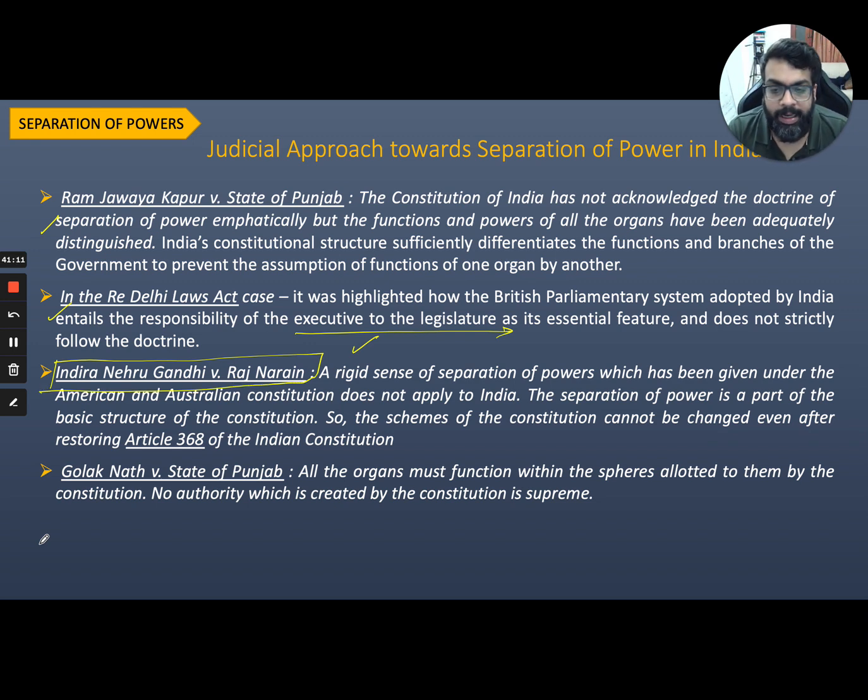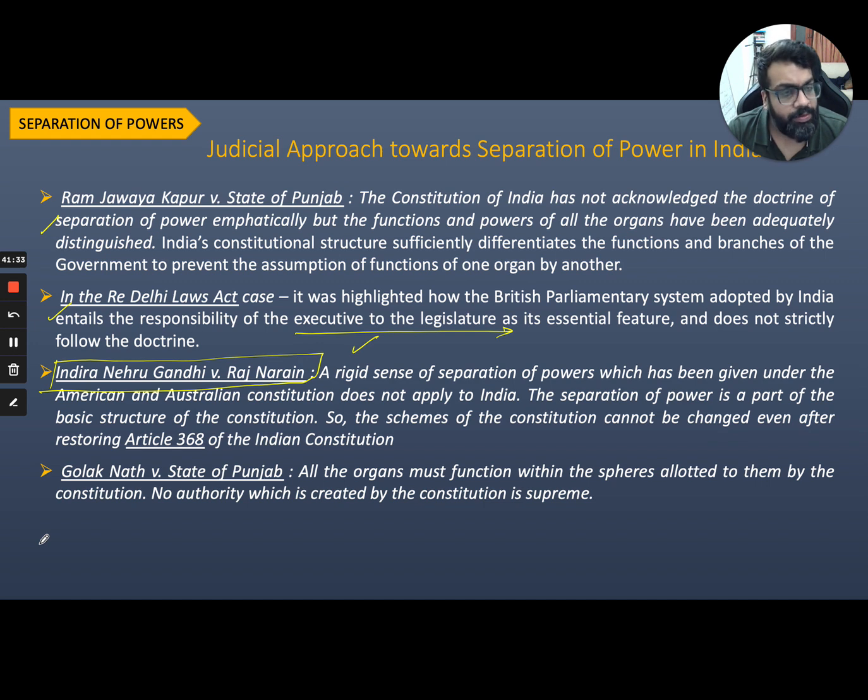Now, what had happened here, if you go back to emergency provisions, is that you would remember that Indira Gandhi had lost the election, and the High Court of Allahabad had upheld that her candidature had to be cancelled.